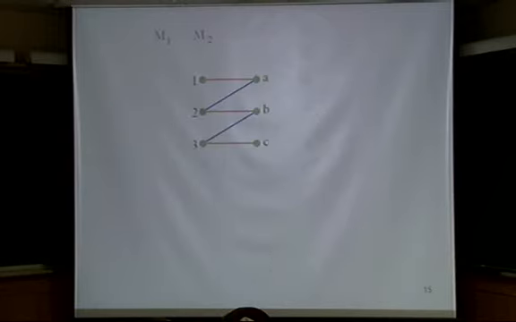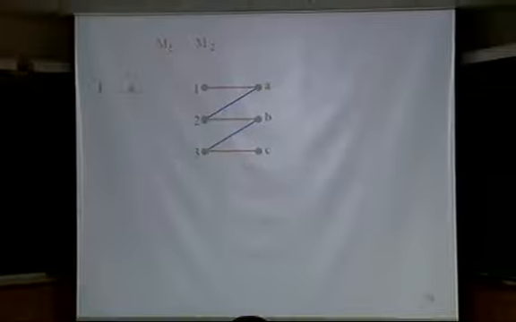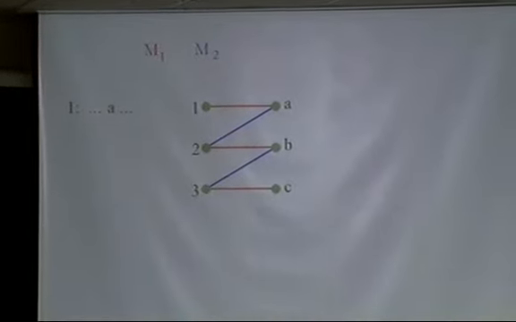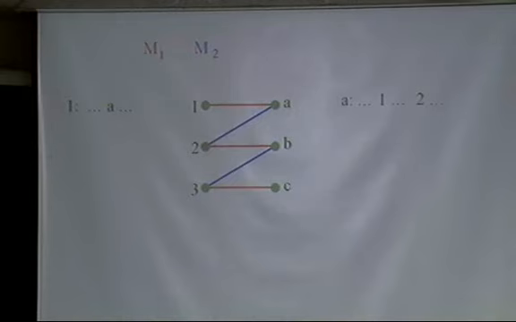Suppose there is a path like this. Because man 1 is matched with A in M1, his list must include A. Next, we move to A. Because A is matched with 1 in the red matching and with 2 in the blue matching, she includes both 1 and 2.